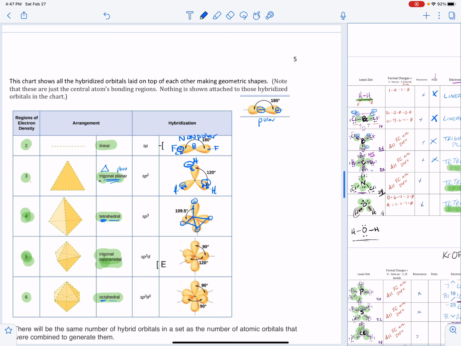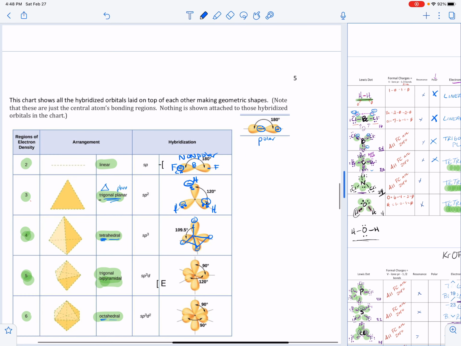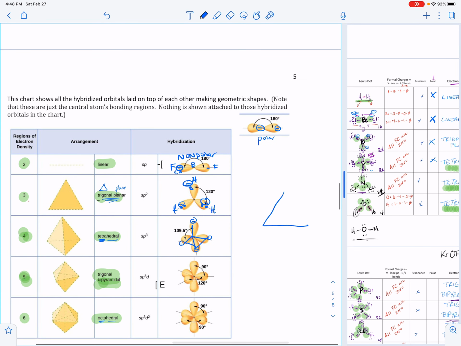Now, here's where it comes into play. Most of the time when you have all the same elements and no lone pairs, you're not going to be polar. The examples I just showed were all the same element, no lone pairs. Lone pairs definitely will affect things. So now we've got a boat. Let's say our boat is a flat triangle.